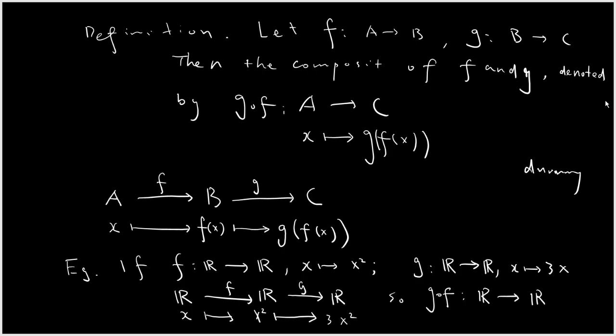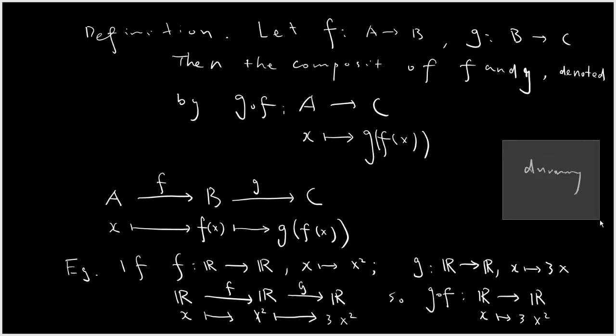Finally, the composite maps every real number to, you look at the two ends of the chain, every number x is mapped to 3 times x squared. So that is a composite.